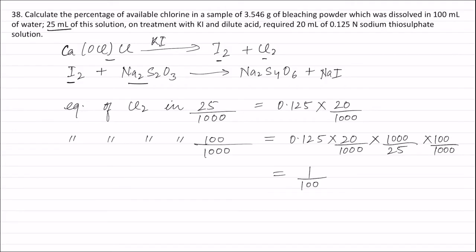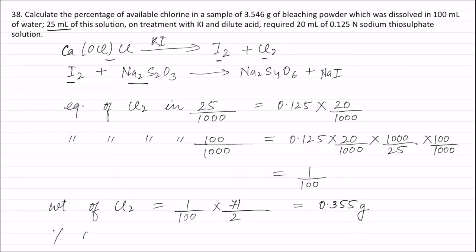Now we know the equivalents of chlorine. Therefore, weight of chlorine will be equal to equivalence of chlorine, that is 1 by 100, into equivalent weight of chlorine. Now equivalent weight of chlorine will be equal to molecular weight of chlorine, that is 71, divided by valency factor of chlorine, that is 2, and this is equal to 0.355 gram.